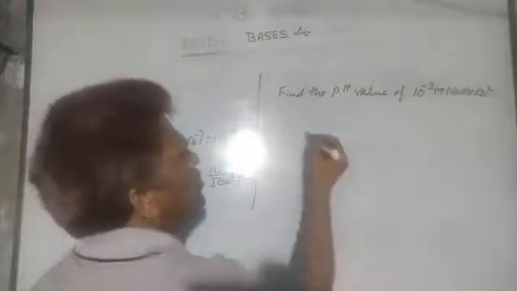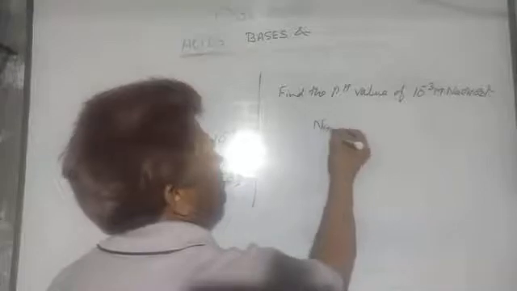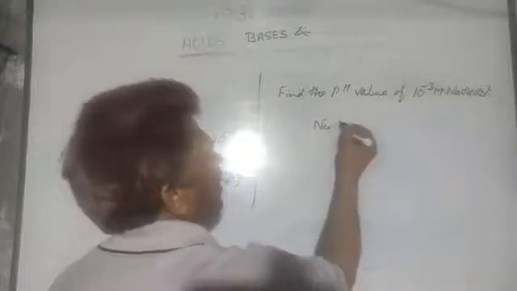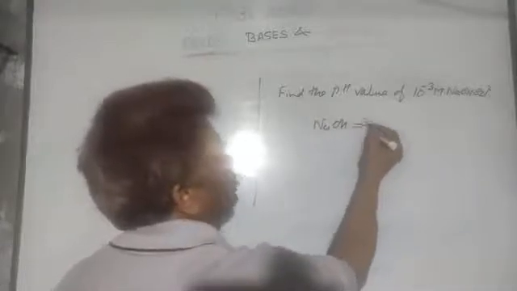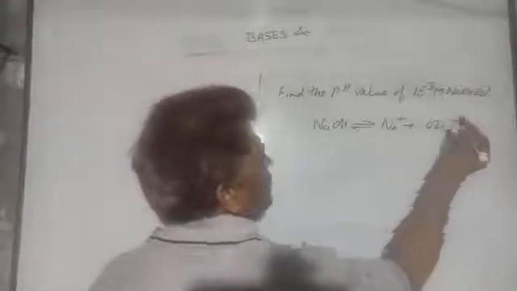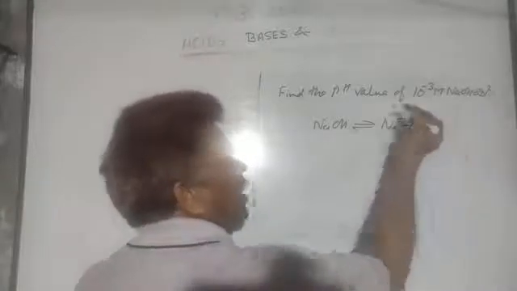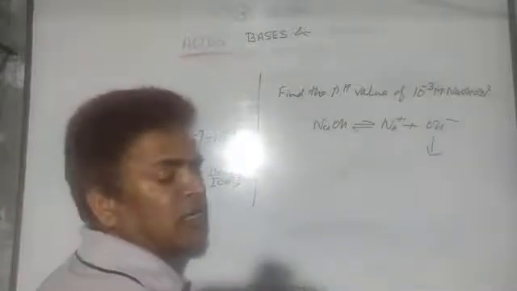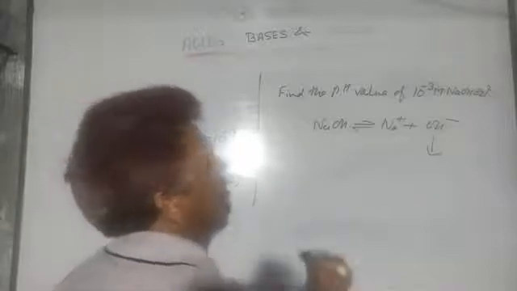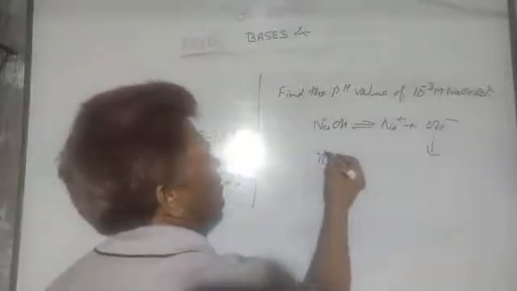This is the question. You have to find the pH value. So again you dissociate it into ions. Sodium hydroxide dissociates into ions as Na plus and OH minus. So in this solution we are getting the hydroxyl ion concentration in place of the hydrogen ion concentration. So first of all you find the hydroxyl ion on the basis of that concentration.